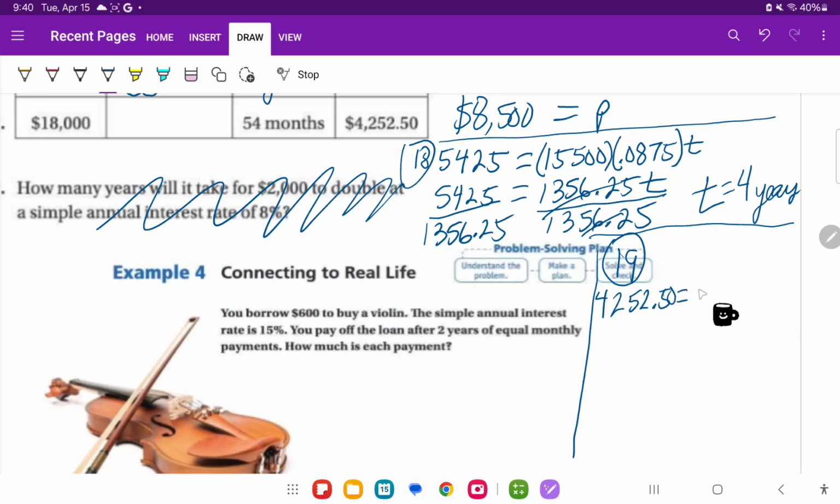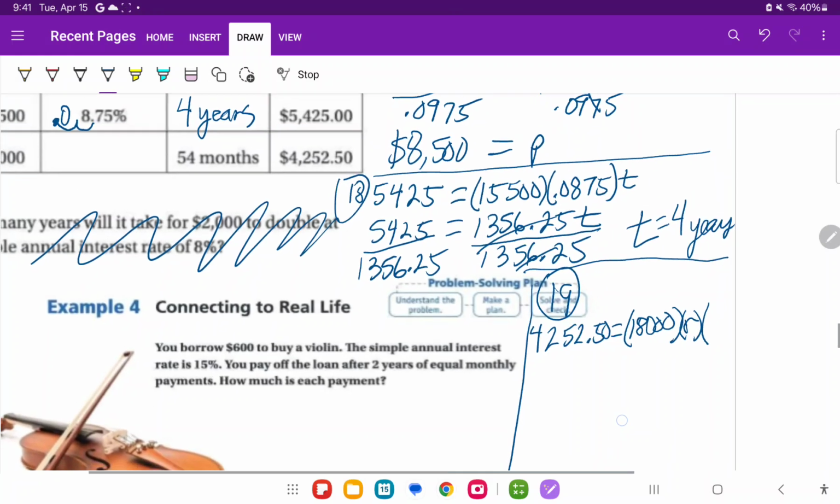And that equals the principal, which is 18,000. We don't know the rate, so that would go right there. But the time is 54 months.